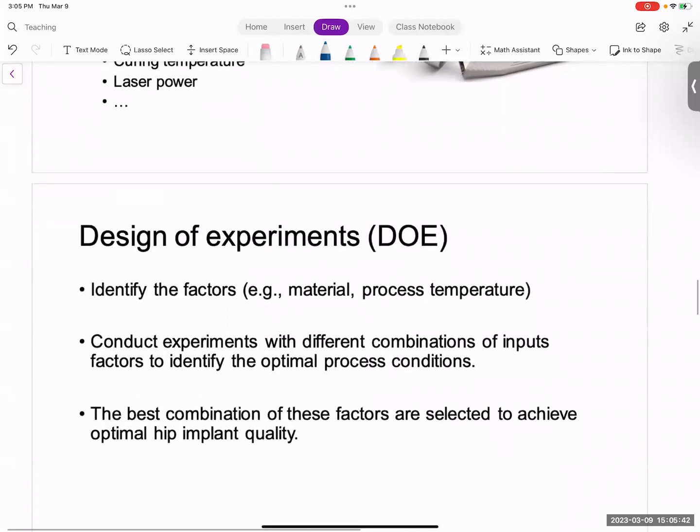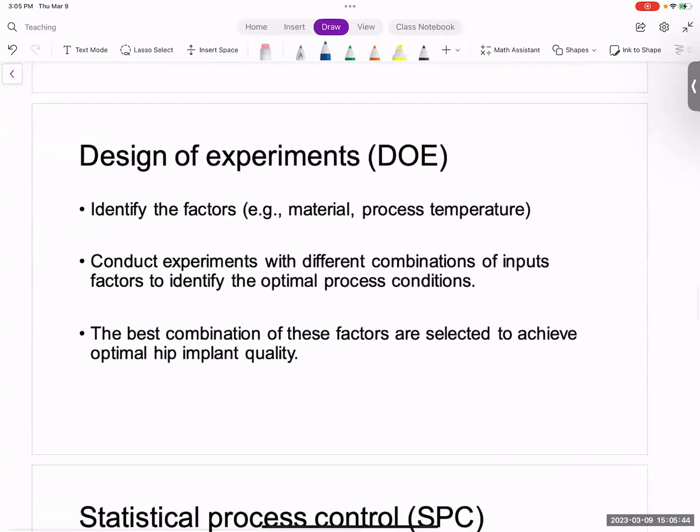All right, so the first approach to controlling quality is design of experiments. You may or may not have taken a design of experiments course already, but I'll try to give you a brief understanding.